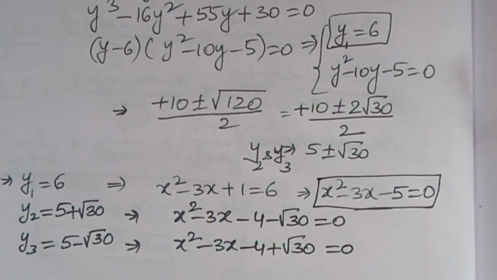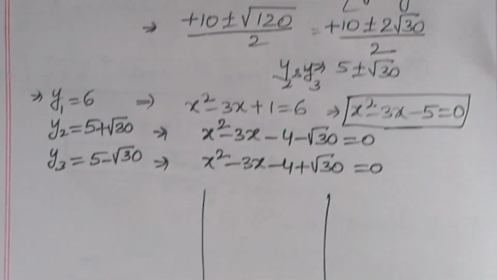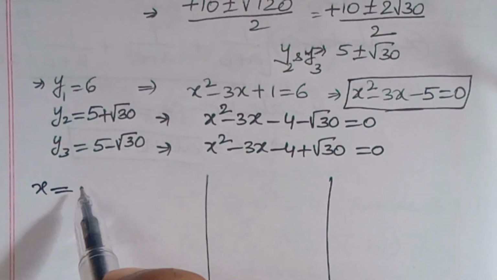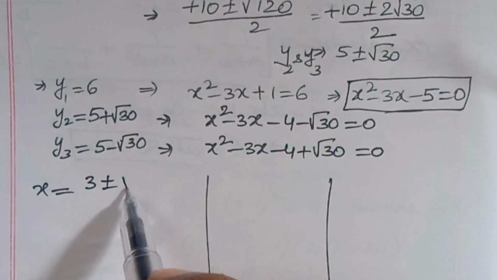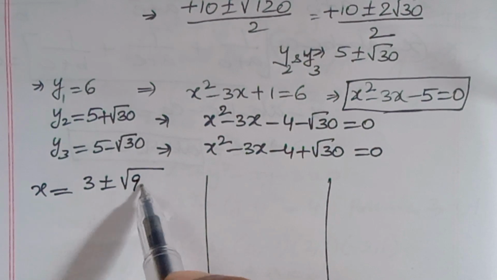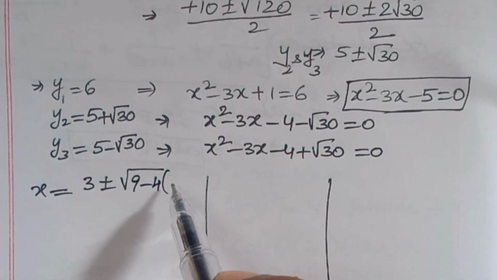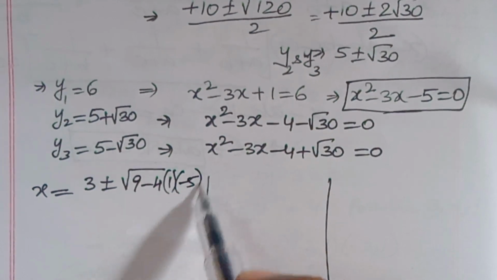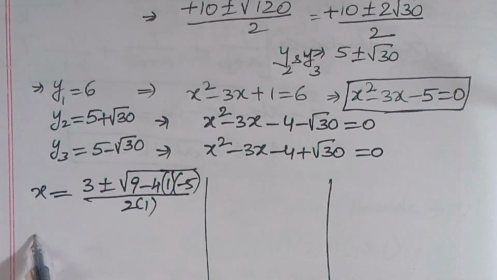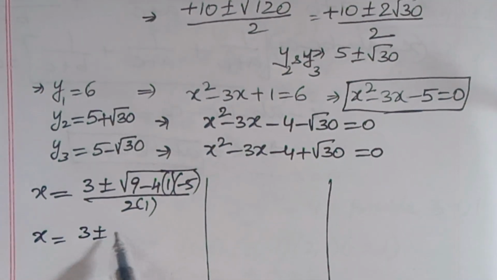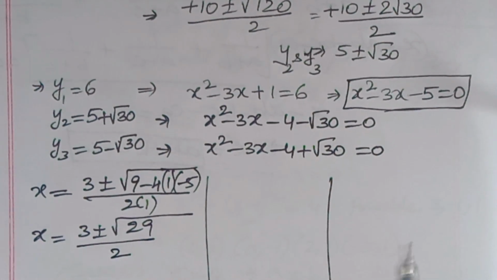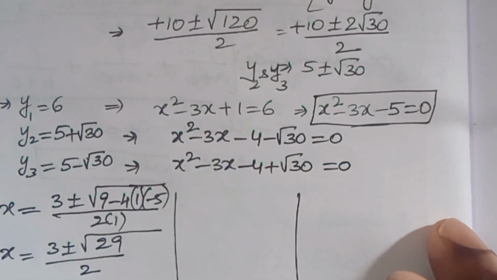So here we are doing 3 parts. First part: x = 3 plus or minus root of b² − 4ac, that is 9 − 4 into 1 into −5, by 2a, 2 into 1. So x = 3 plus or minus root 29 by 2. This is one value of x.